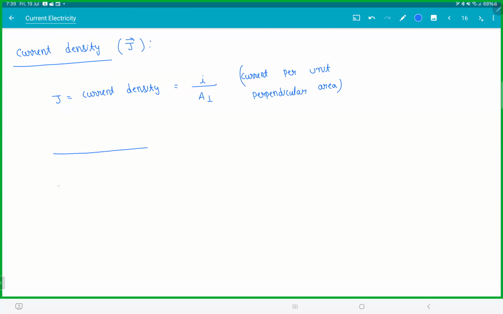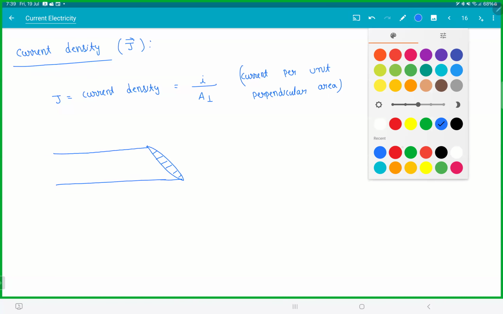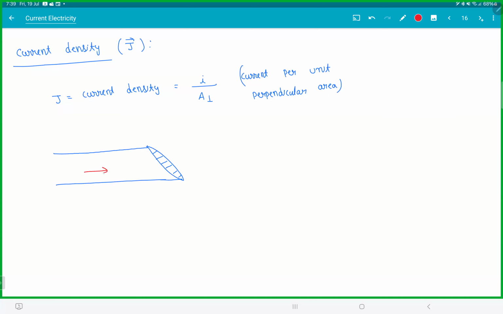Example, let's say you take a cross-section like this. This is I. The area vector will be perpendicular to this. J bar will be like this and this is theta. So we have current I is J bar dot A bar. J bar has the same direction as the current flow, in the direction of current.